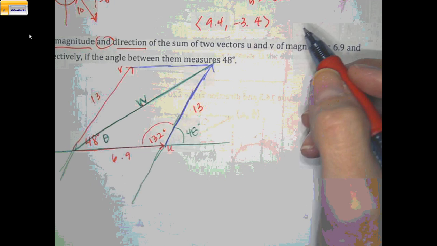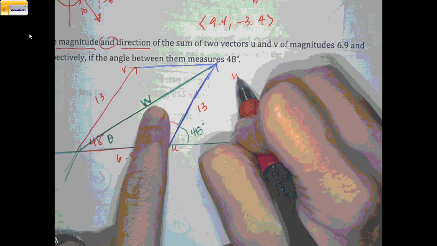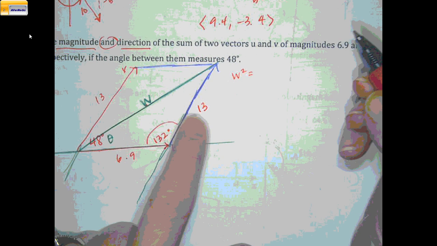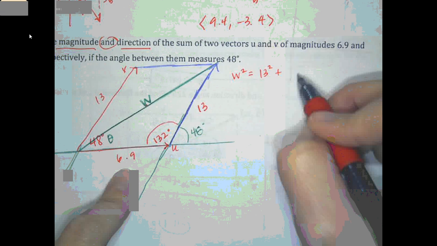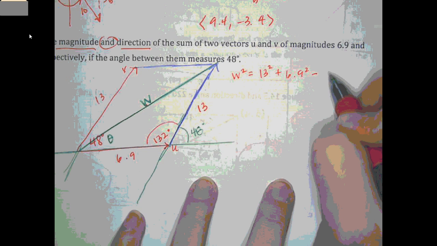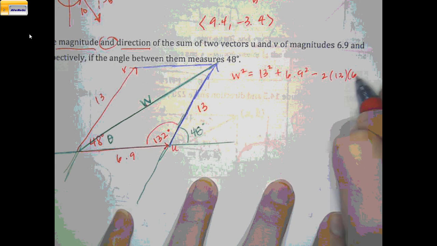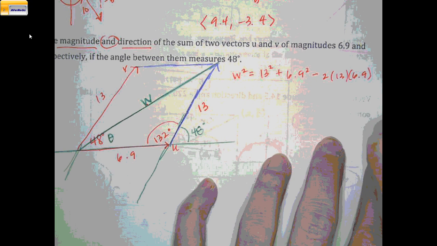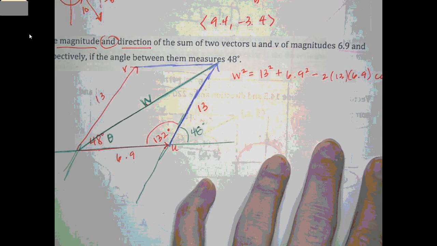So let's remind ourselves of the law of cosines. I want this side, so I'm going to put w squared equals one side squared, so 13 squared, plus the other side squared, so 6.9 squared, minus 2 times the first side times the second side times what? Cosine of the included angle, 132 degrees.